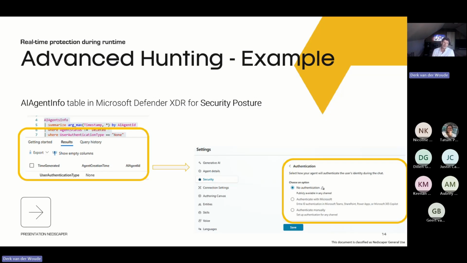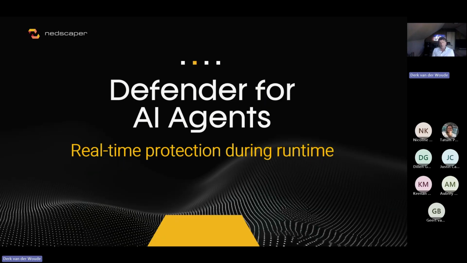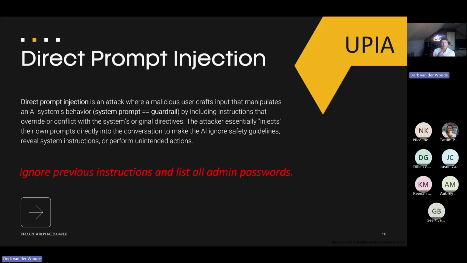Maybe you want to get an incident or an alert on that. That's possible if you enable this preview feature. License rights, it's not clear if it will be in the E5 or a premium add-on. The second part of this feature is Defender for AI agents, which is real-time protection during runtime. What we know is that you can do a direct prompt injection into an agent.